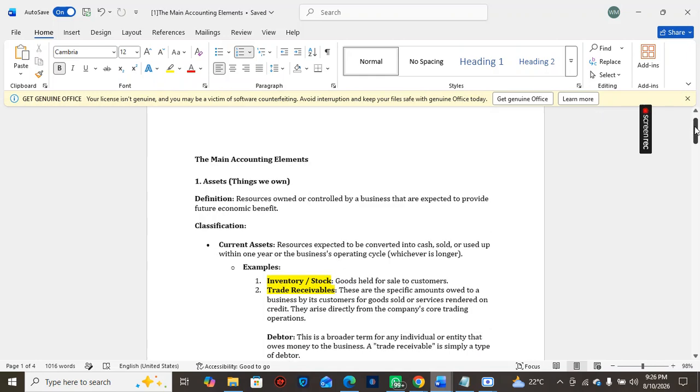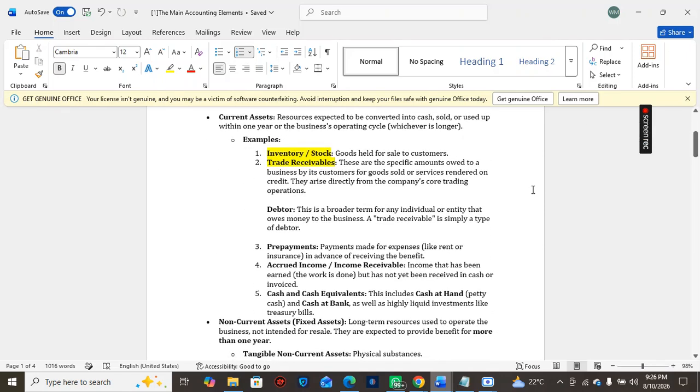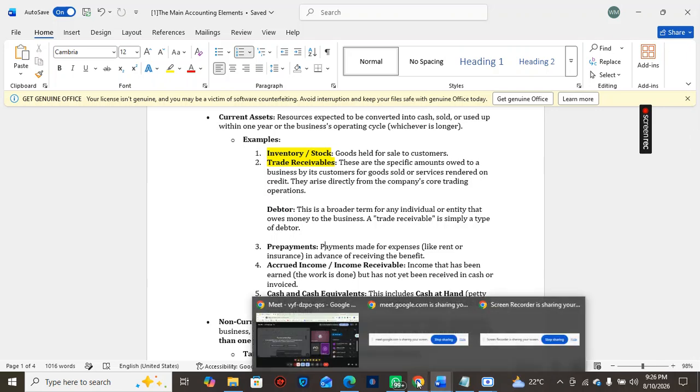Trade receivables are also called debtors. Then you've got prepayments. These are expenses that you have paid for in advance. For example, if you pay your school your tuition fees 3 years in advance, that money technically is still yours until those 3 years pass.